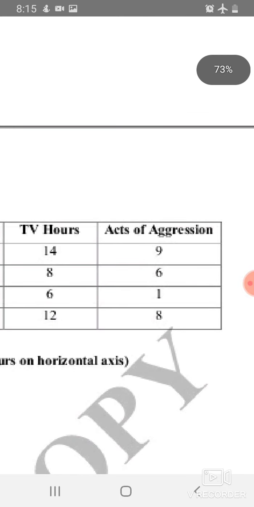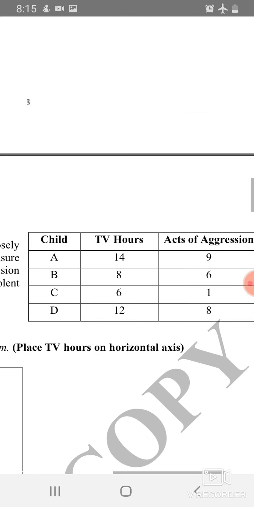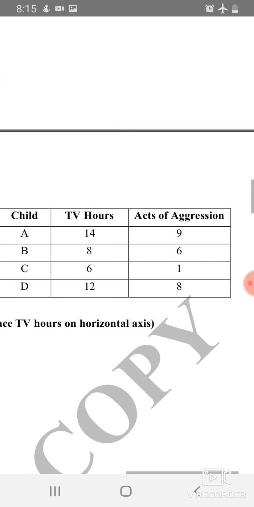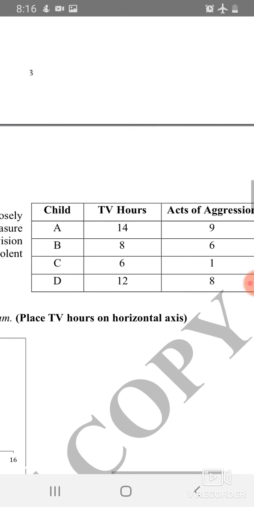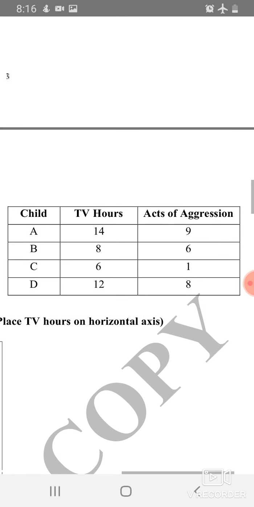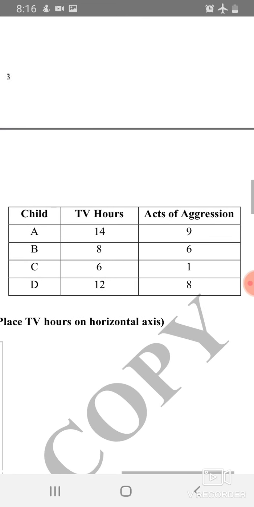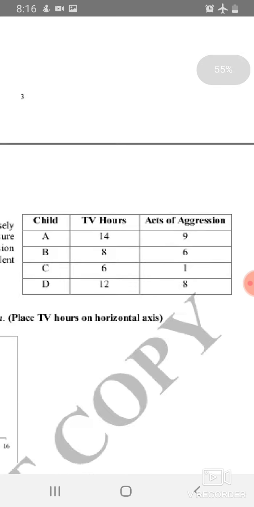This is the data that you will use to solve the correlation, to see if there's a correlation, an association, or a relationship between TV hours watching violent television and acts of aggression towards their peers.